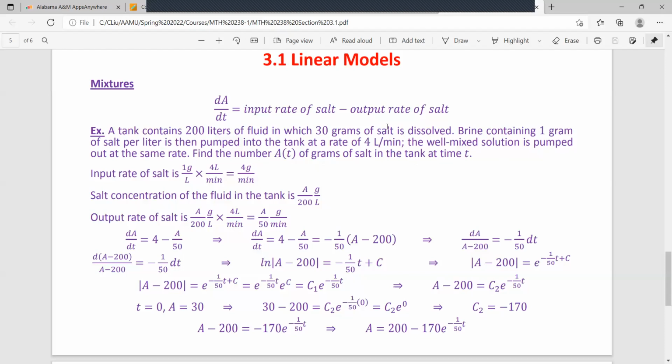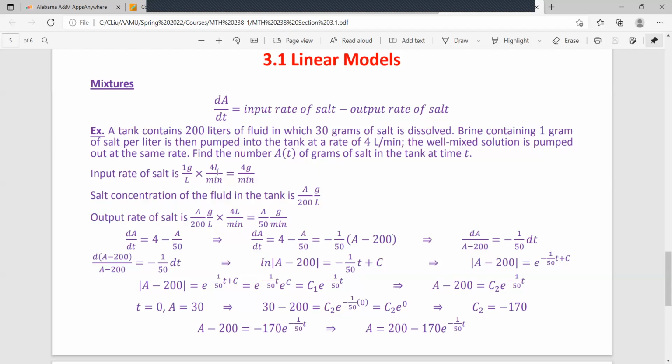So we just find the input rate and output rate and set up the equation to solve. First, what is the input rate of salt? You just multiply the concentration of the input solution times the flow rate.